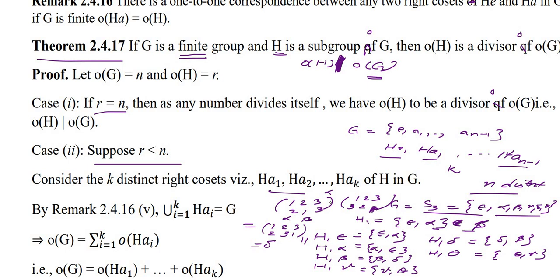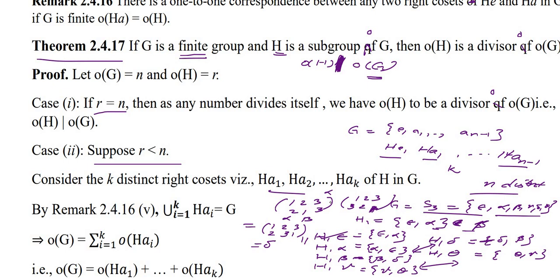This is how we list them, but when you compute, you see that there are repetitions. So only distinct right cosets we need to consider. This one and this one being the same, we count only once, and similarly for the other two pairs.